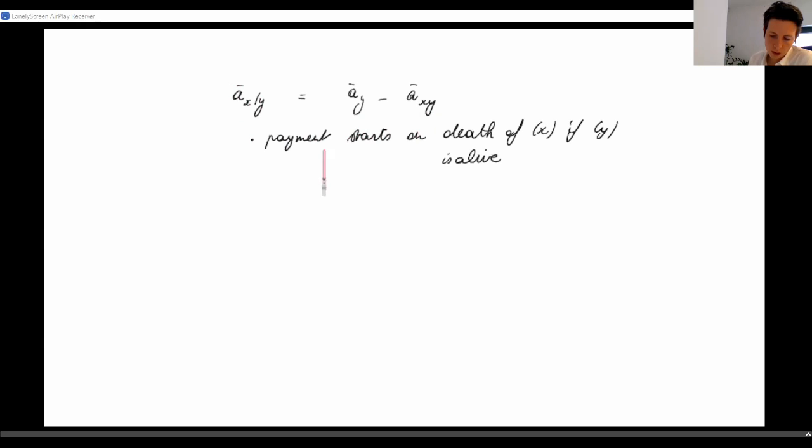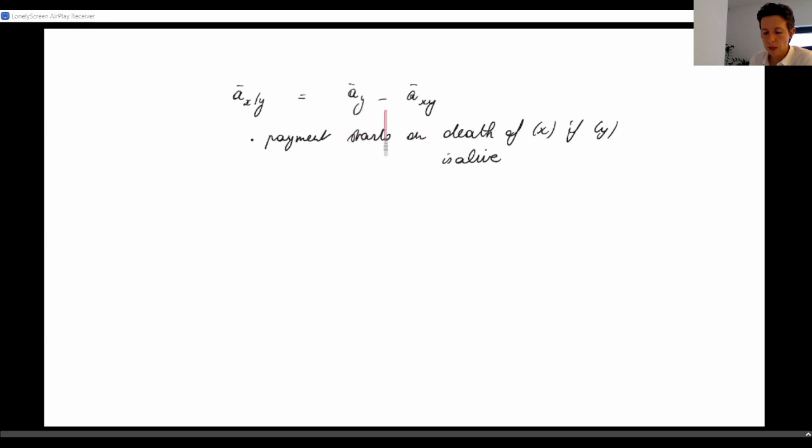So let's see what happens. If X dies first, and at that moment Y is alive, then this will pay me an income of 1 from the beginning, and this will pay me an income of 1 from the beginning as long as they're both alive. So at the moment that X dies first, this one is going to stop, and this one will pay on for the rest of the remaining lifetime of Y, right?